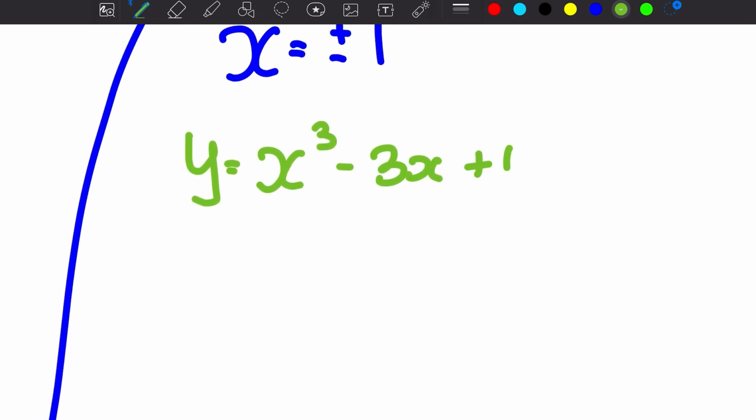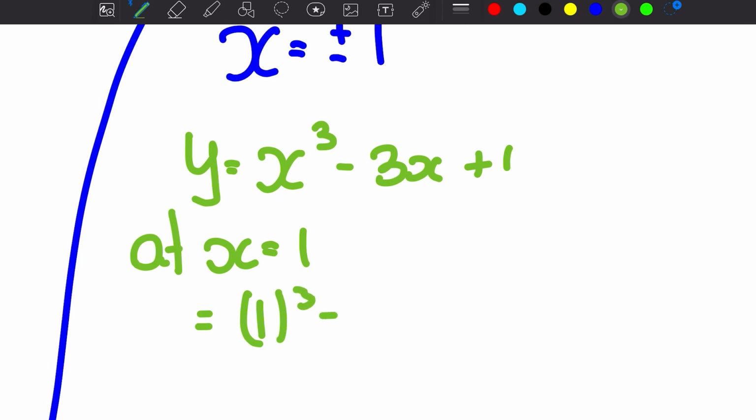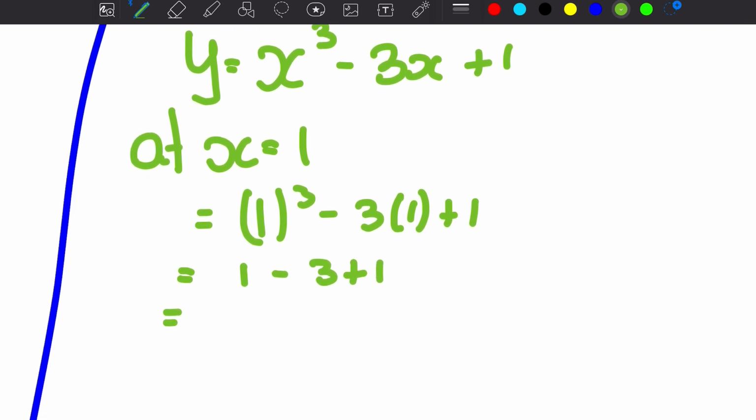So at x equals 1, y equals 1 cubed minus 3 times 1 plus 1, which is 1 minus 3 plus 1. 1 minus 3 is minus 2, plus 1 is equal to minus 1.